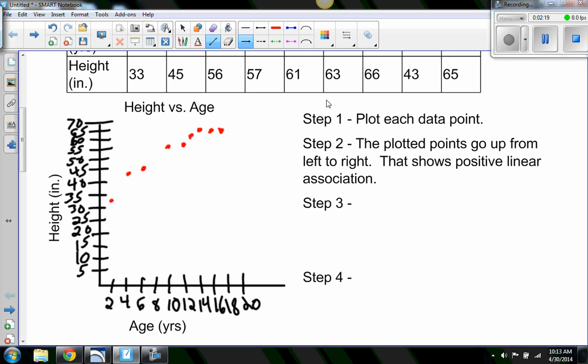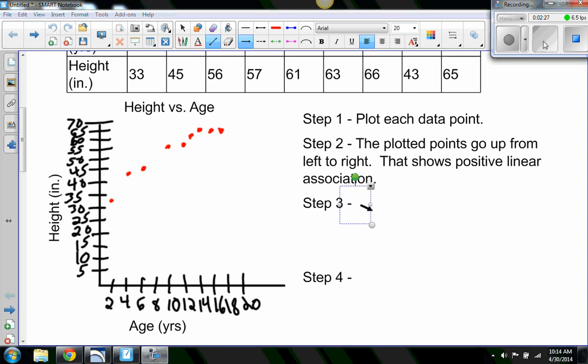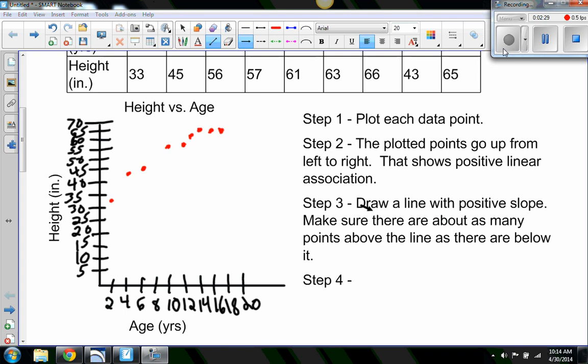So step 3. Draw a line with positive slope. Make sure there are about as many points above the line as there are below it. So we're going to put our little trend line in here.